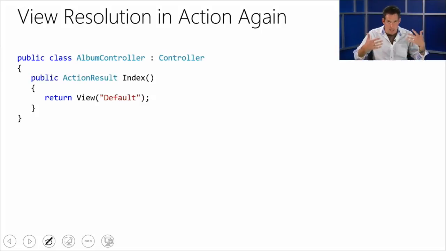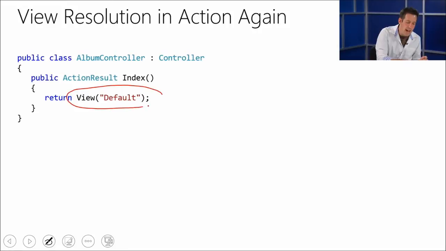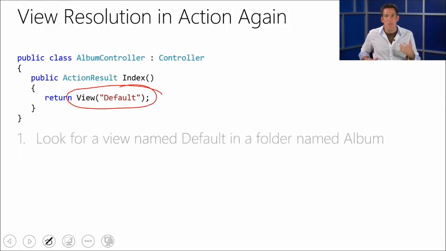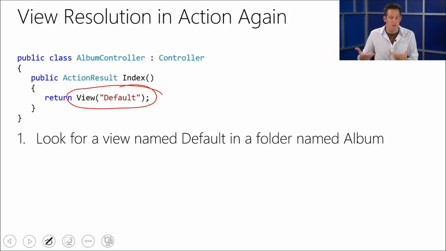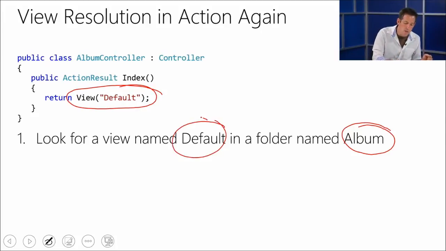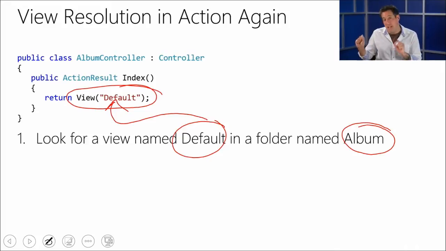So it's really the same form. So what we could do is specify the name of the form that I want to use. Well, the workflow basically stays the same. Once again, it's going to look inside that folder called album, but this time it's going to look for something called default, because that was what I told it. I want the name to be default.